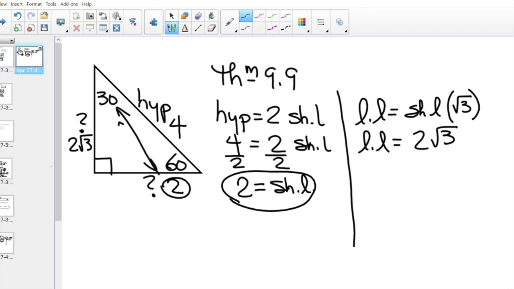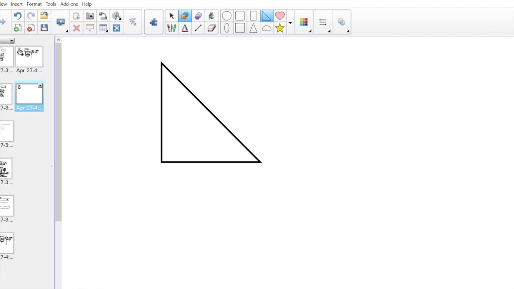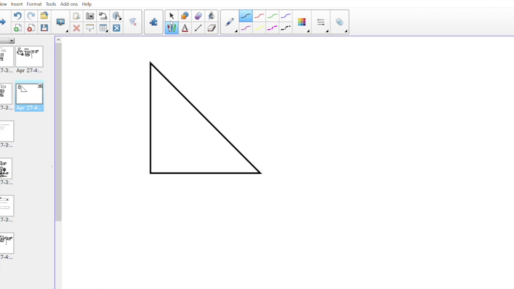Now the third one. What would you do if you were given a right triangle, 30, 60, 90? Again, this is the hypotenuse, and this is the longer leg, and that is the length that I'm going to give you, and I'm telling you that is 6. Then what would this side be called, the shorter leg?